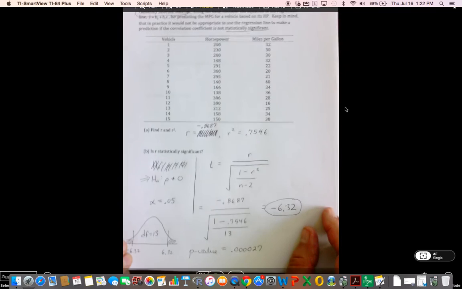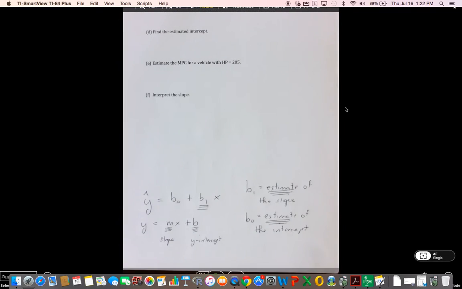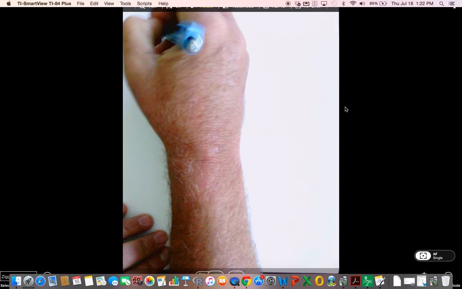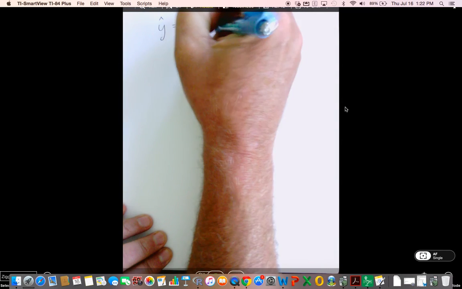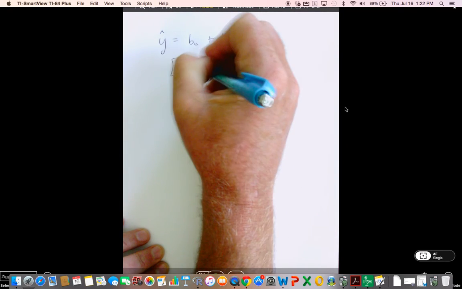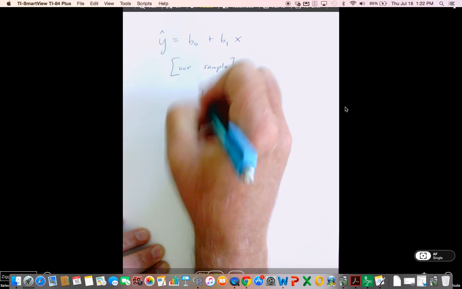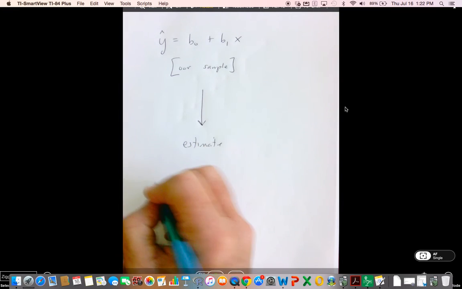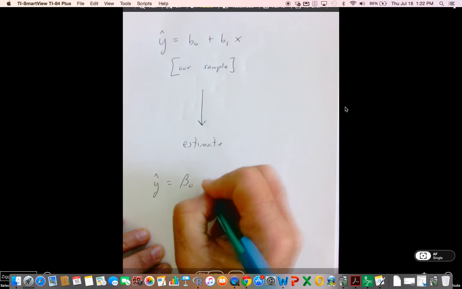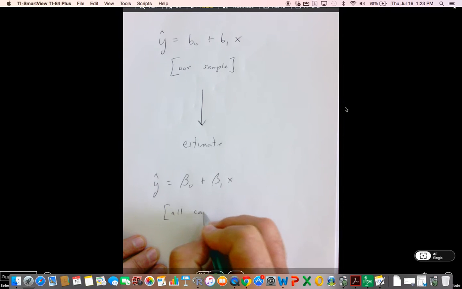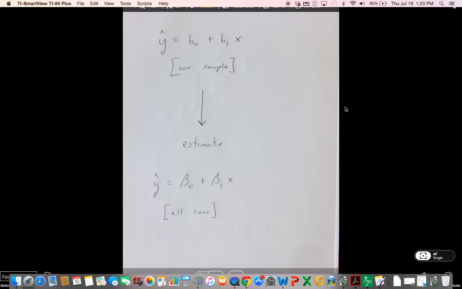But anyway, find the estimated slope. So what we've got to think about here is we're going to come up with the model for our 15 cars. And this is ultimately used to estimate the model for all cars.